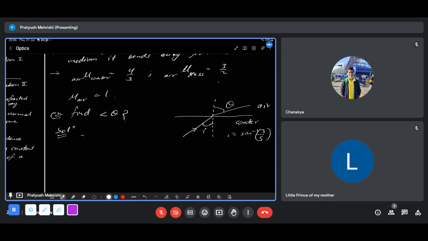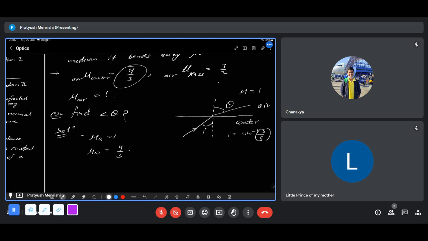Now see how to solve this. First of all, see that refractive index of air is 1, mu of air is 1, and mu of water is 4 by 3.